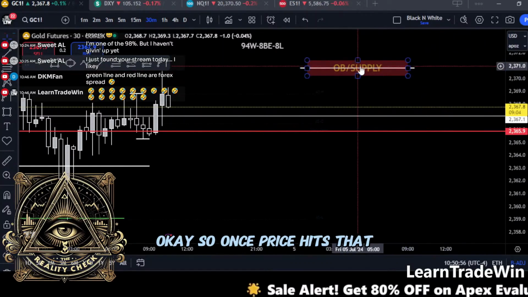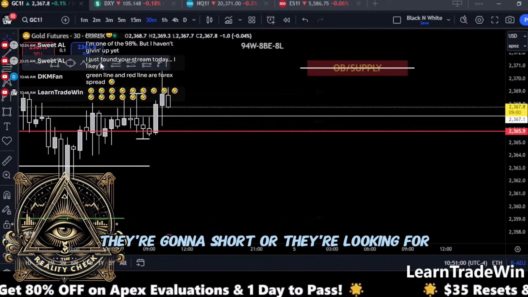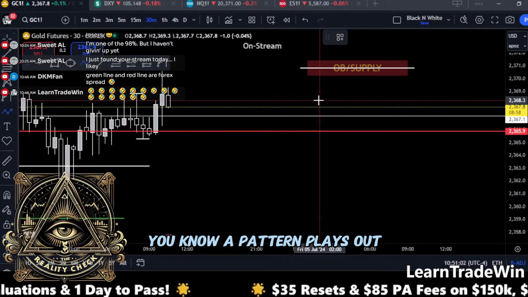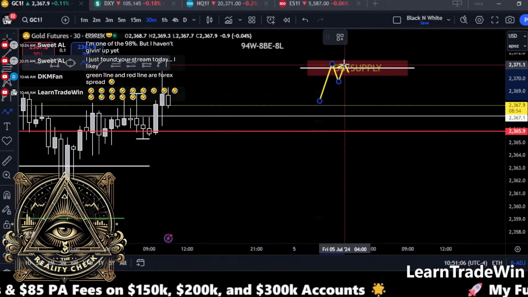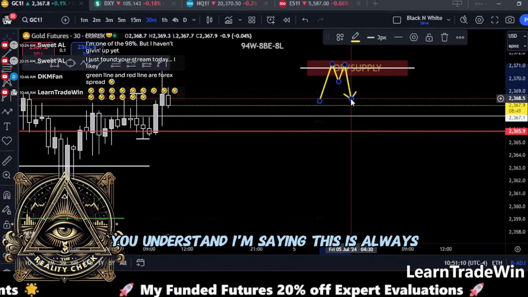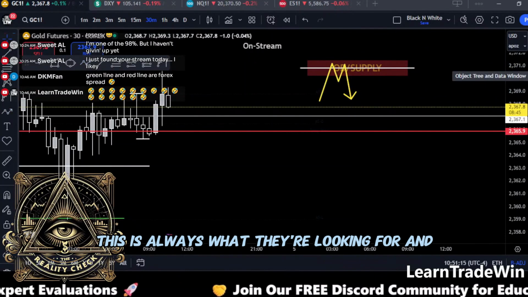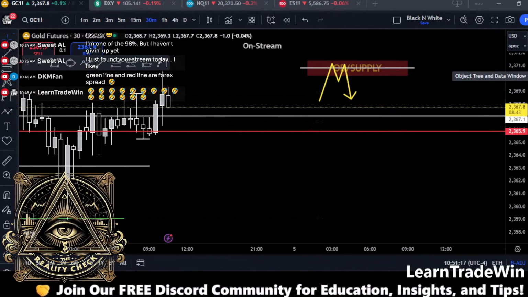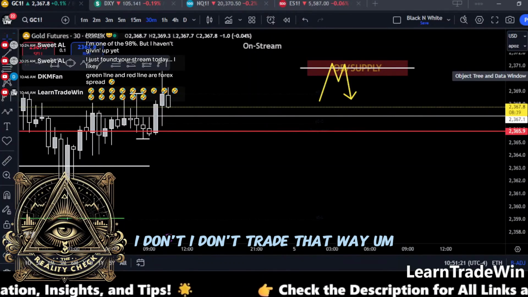Once price hits that, they're going to short, or they're looking for a pattern that plays out. So once price gets there, they're going to short. You understand what I'm saying? This is always what they're looking for, and I don't trade that way.